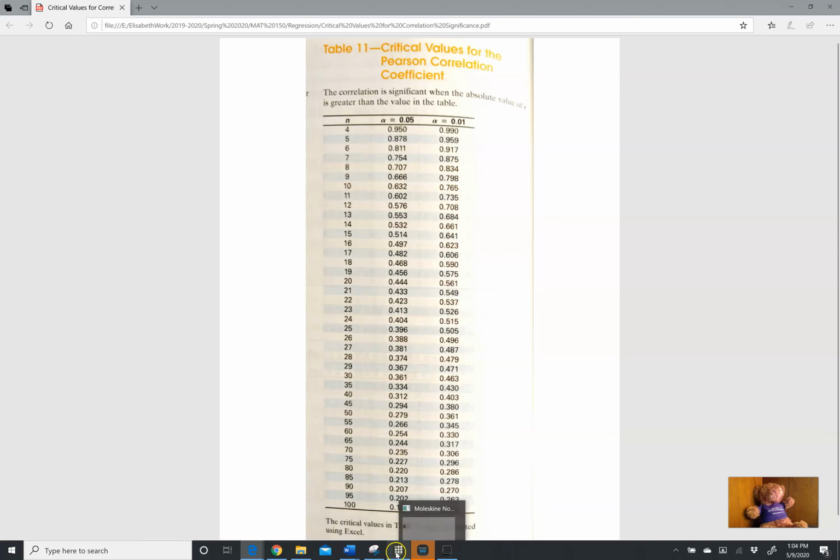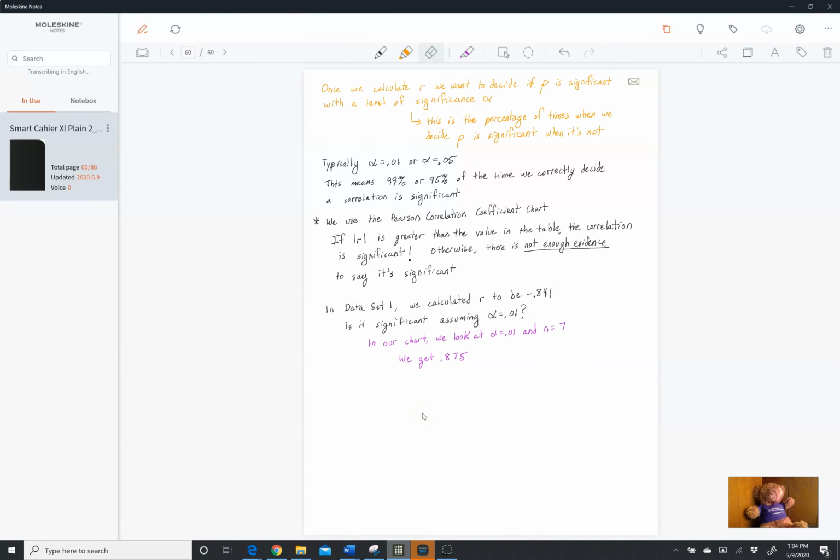Okay, so now we're looking. Is absolute value of R less, so first of all, absolute value of R is positive 0.841. Absolute value just says get rid of the negative signs, okay? So the thing is that the absolute value of R is less than 0.875. So therefore, there's not enough evidence to say it's significant.